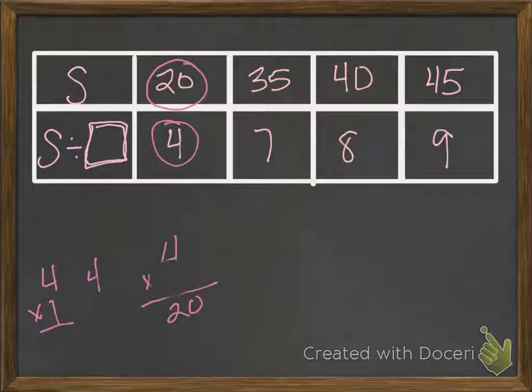So you would have to do 4 times 5 to give us 20. So we have a difference of 5, but your rule says that we are dividing because we're going from a bigger number down to a smaller number. So each time we're dividing by 5. So that is your rule. So you would put a 5 right here in this box.